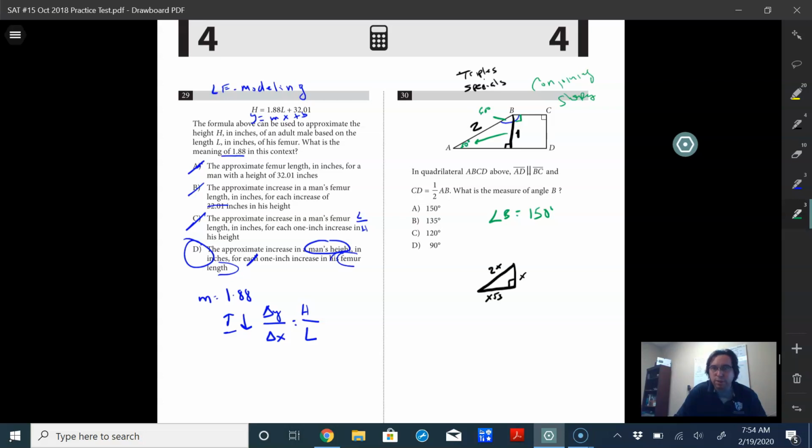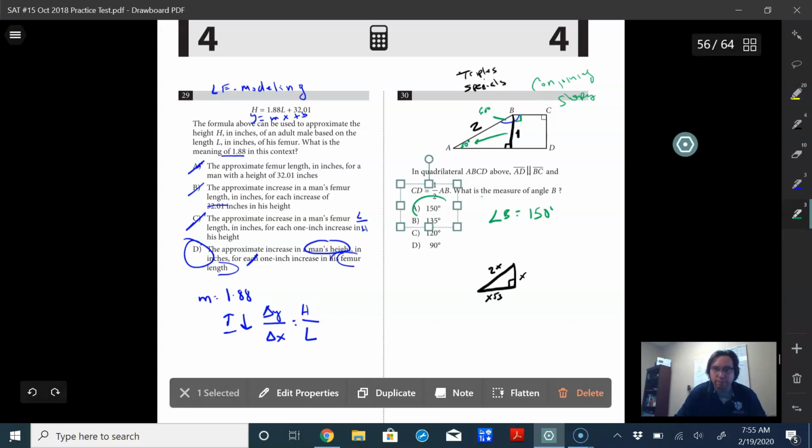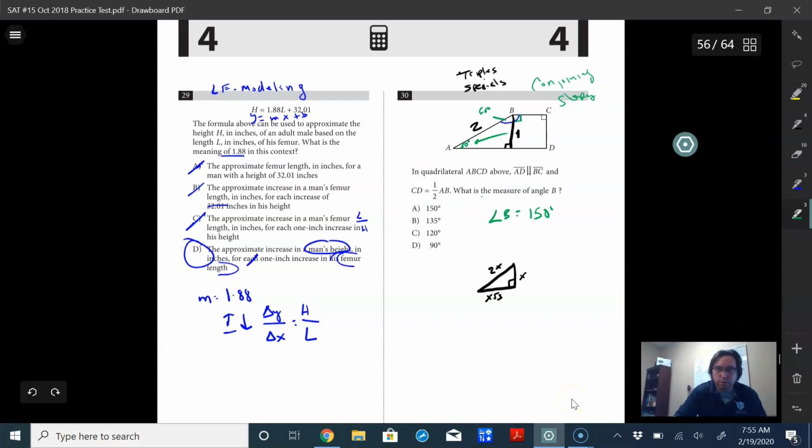Triples wouldn't really reveal the angles to us, but specials does. So it has to be either 45-45-90 or 30-60-90. The answer choice is A.